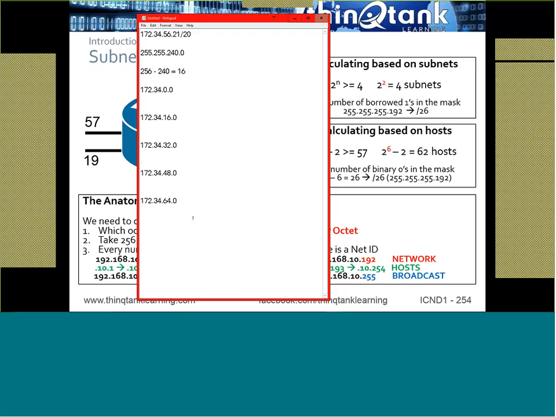The closest number to 56 divisible by 16 was 48. So the network ID was 48. The broadcast, 172.34.63.255. Isn't this the last address in this subnet?